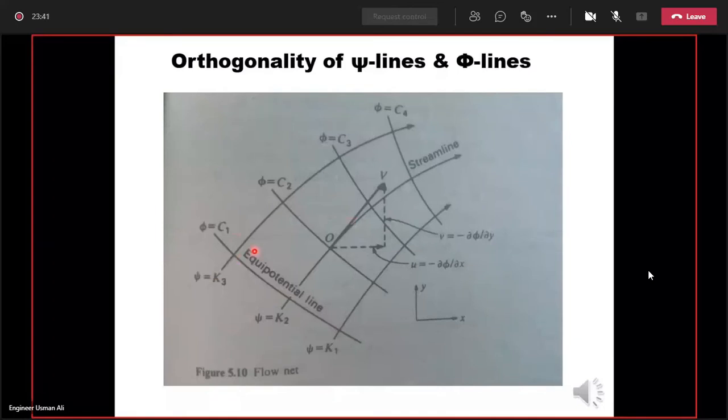Wherever C1 intersects the streamline, the angle is 90 degrees, and the resulting grid is approximately a square. Similarly, wherever the streamlines and the equipotential lines intersect, the angle between them is normal, or 90 degrees. That is called the orthogonality of streamlines and equipotential lines.